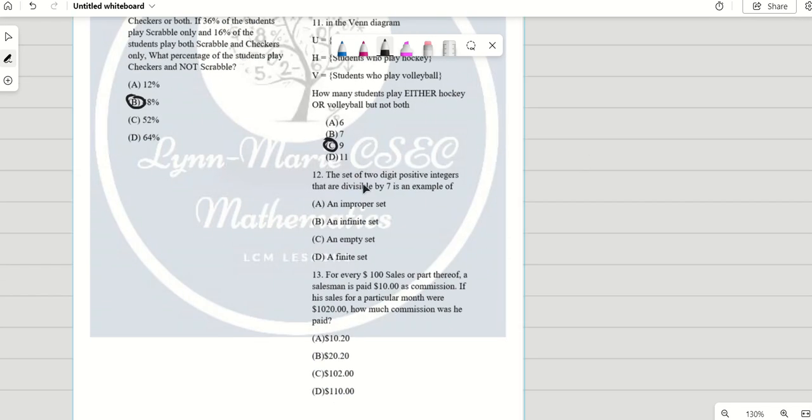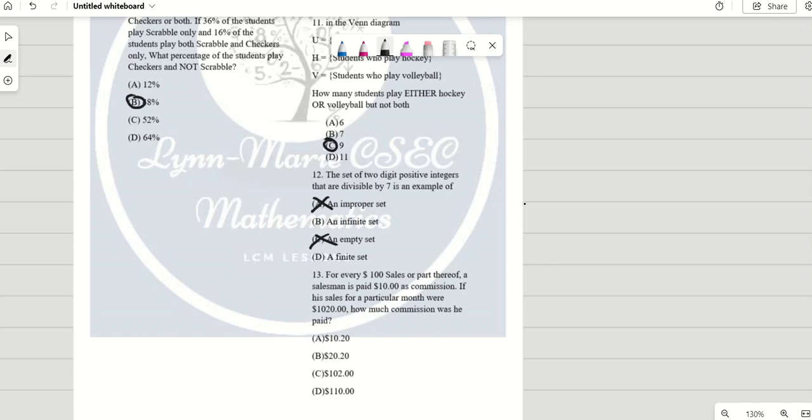Number 12. The set of two-digit positive integers that are divisible by 7 is an example of what kind of set?